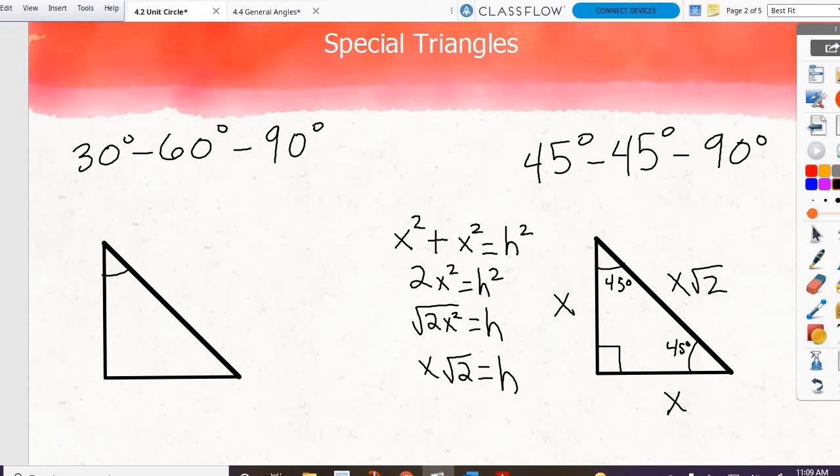Now, on our other one, let's say this is 30 and this is 60. Are our side lengths going to be the same on this one? Not quite. So let's go ahead and label our bottom length. We're still going to label as x. Do we remember what our side length is? Yes, if I'm talking about like on a coordinate plane.